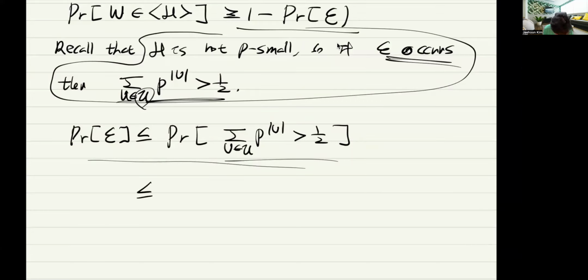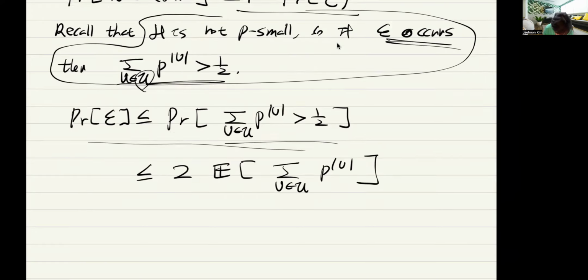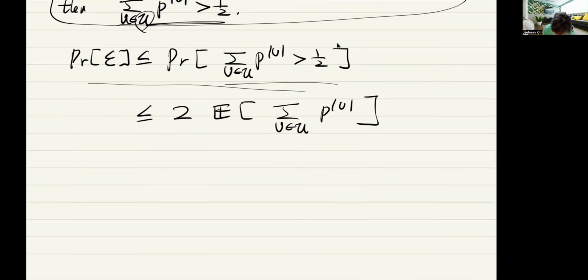And by Markov inequality, this is twice the expectation of this number. Okay, so now it suffices to show that this one is small.